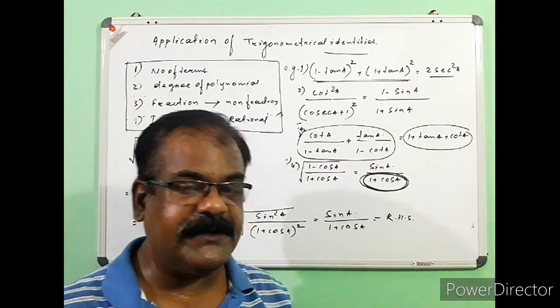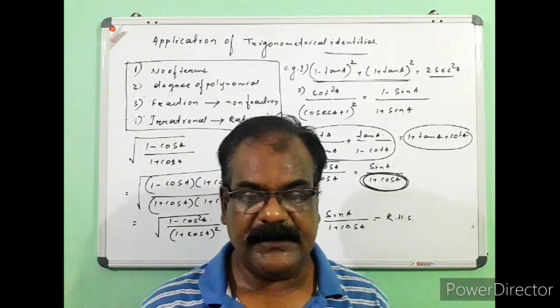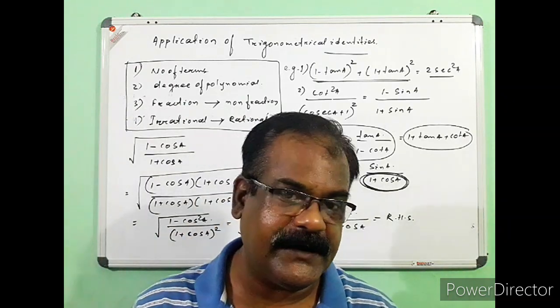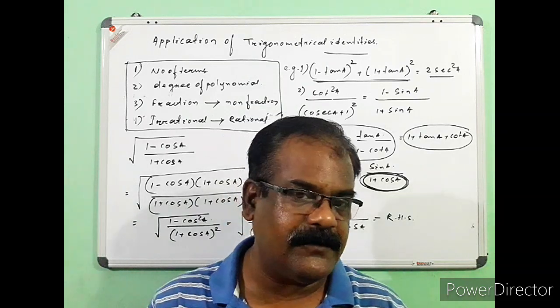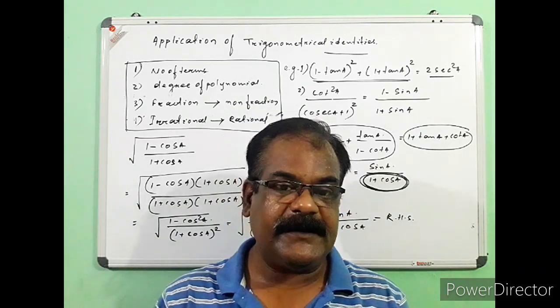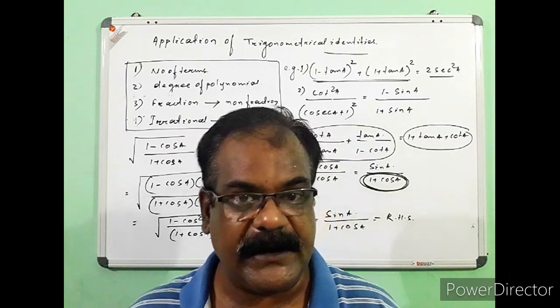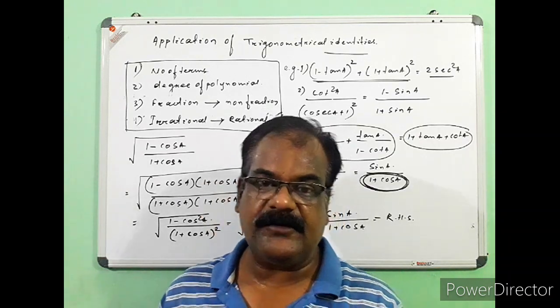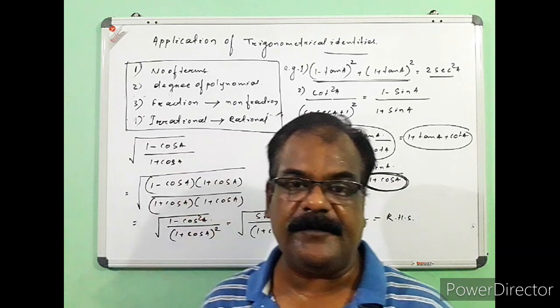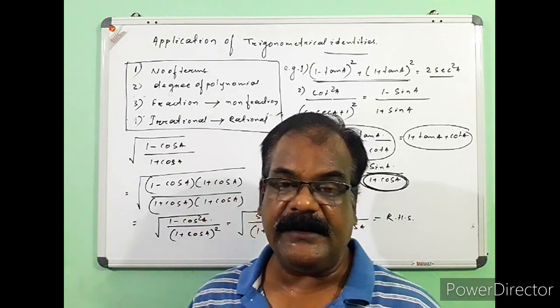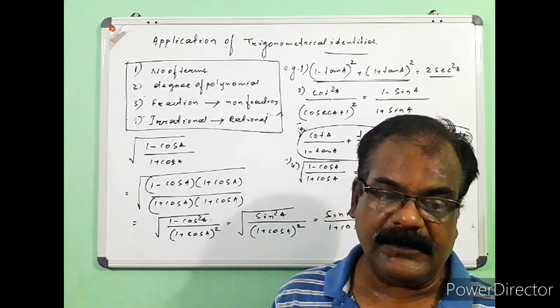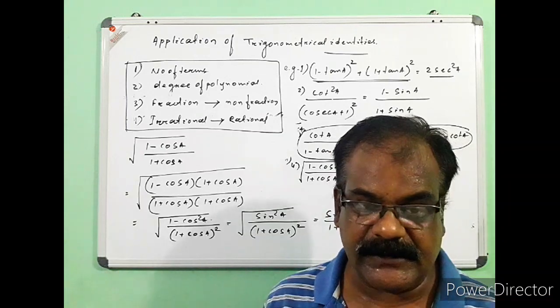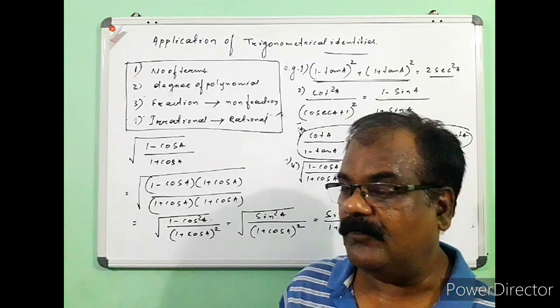The most important thing, at last I can say, is that none of the trigonometrical identities are difficult. Irrespective of their nature, if we can change all the trigonometrical identities in terms of sine and cos, then it is much easier to prove them.